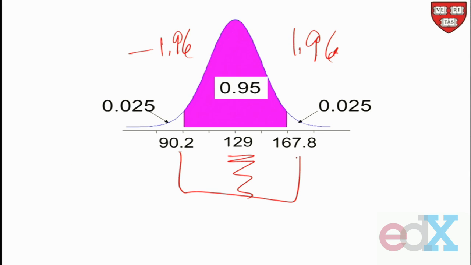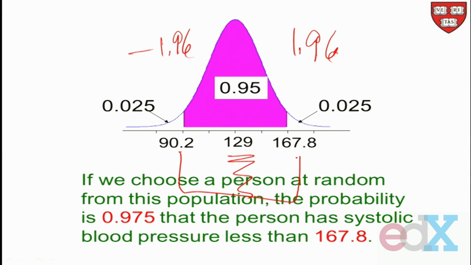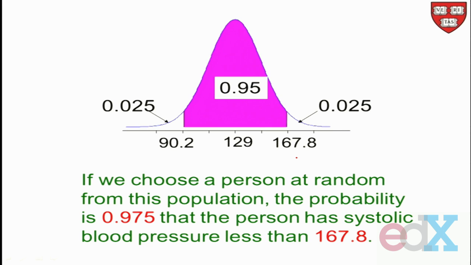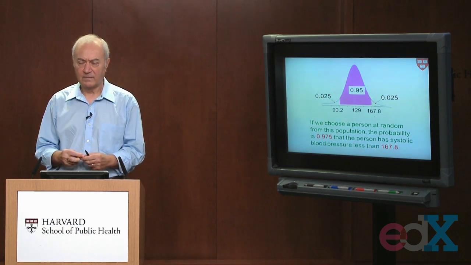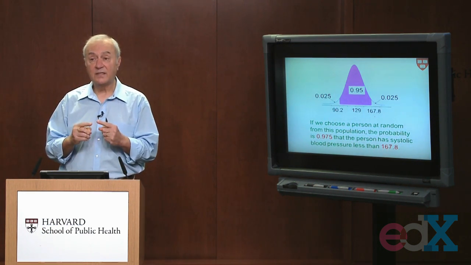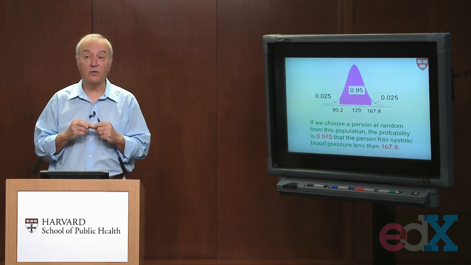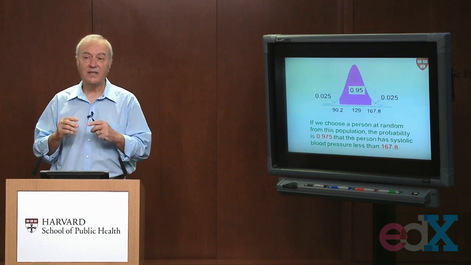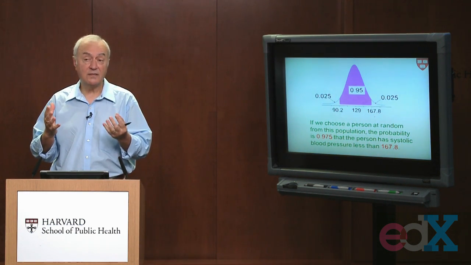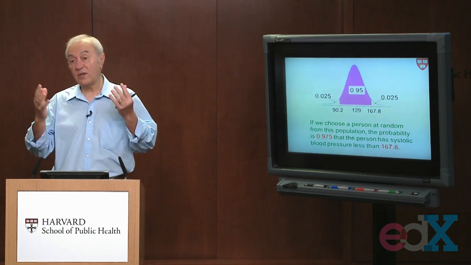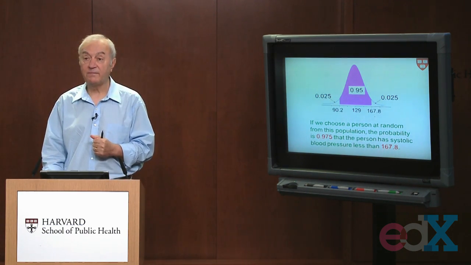Okay, so that's how we use this. And so we can make statements like this. If we choose a person at random from this population, the probability is 0.975 that the person has systolic blood pressure less than 167.8. So we recognize that a systolic blood pressure of greater than 167.8 is what we might call a rare event, because it only happens 2.5% of the time.